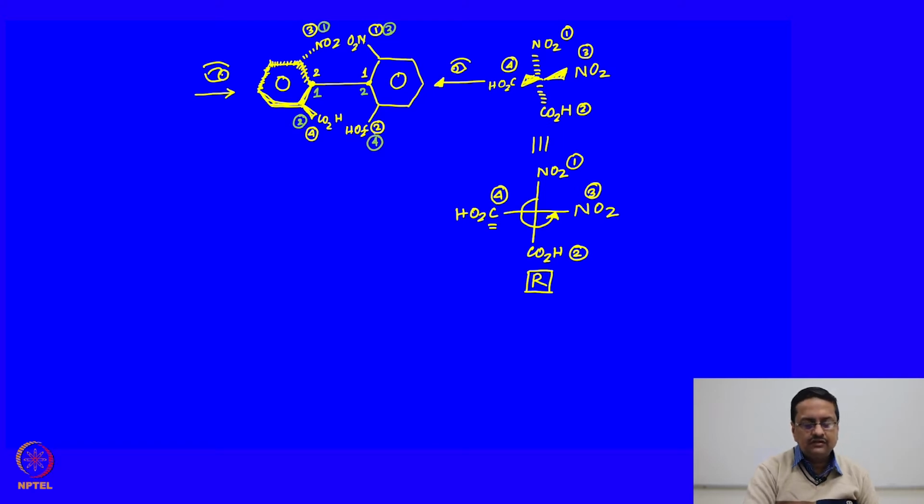Now when we are looking at this molecule from the left hand side, the molecular plane in the front is the horizontal plane, and on the left I have the NO2 group, on the right I have the CO2H group, and both are pointing downwards.